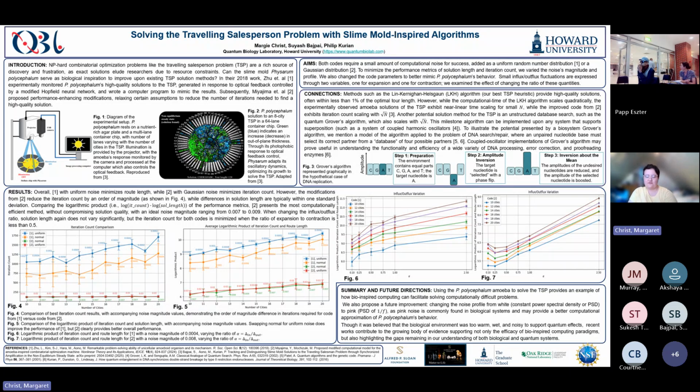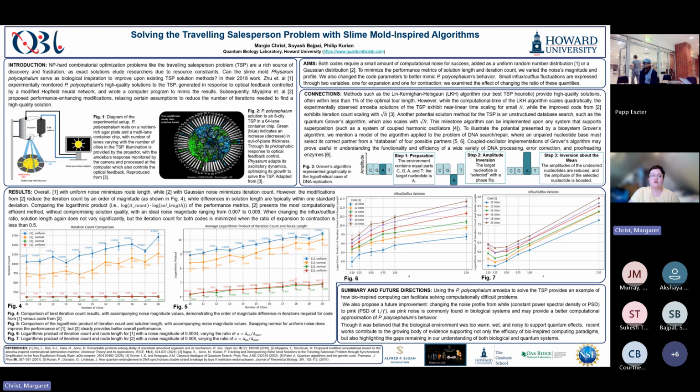We also have some connections to other work going on in the QBL. So methods such as the Lin-Kernighan-Helsgaun algorithm, which is our best TSP heuristic algorithm, do provide high quality solutions, often within less than 1% of the optimal tour length for the TSP.